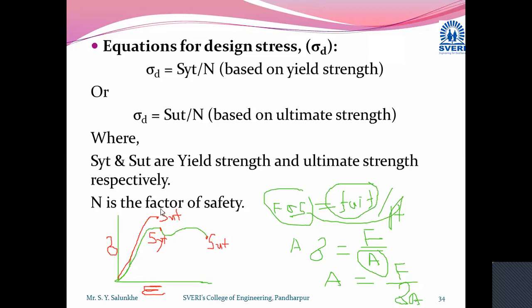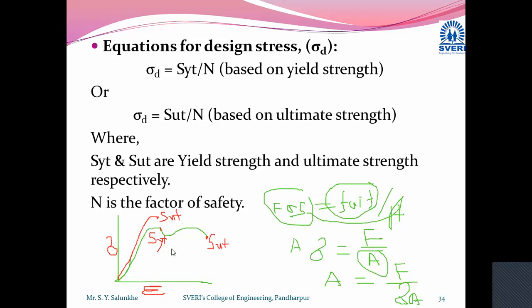We are going to see the theories of failure in detail later. But here, let me tell you that failure of a ductile material is considered when it starts to yield. That means at SYT, yielding starts for the ductile material.